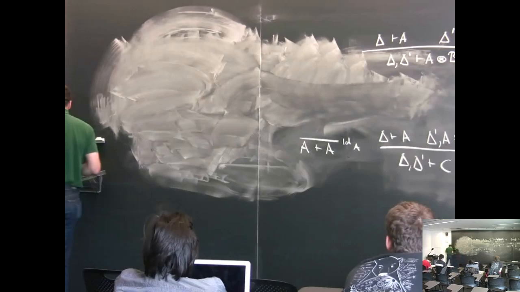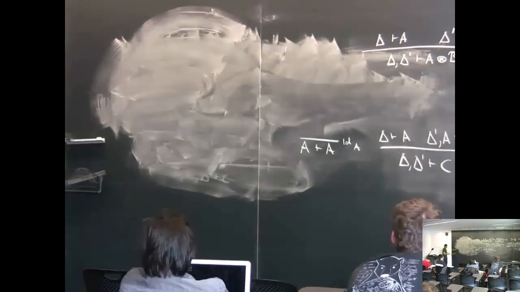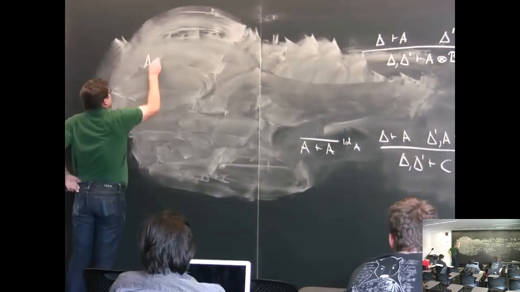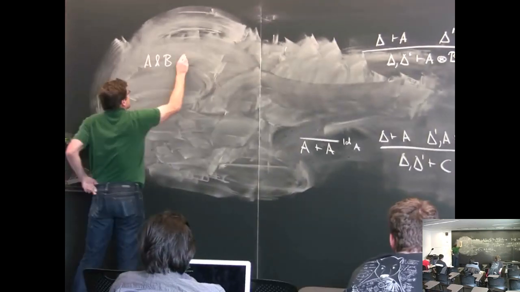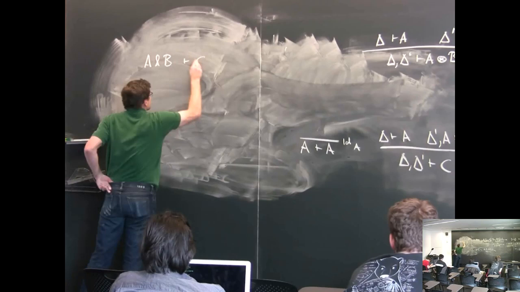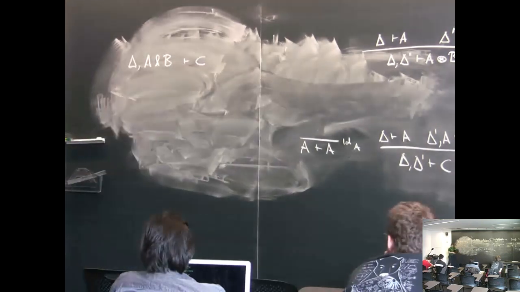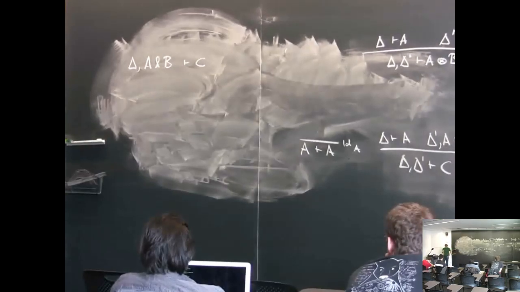Okay, so the idea is that we have a resource, which we're going to write this way, and we're trying to prove C. We have some other resources, delta. And the meaning of this resource, A with B, is that you can choose which one you actually want to use in order to achieve the goal.